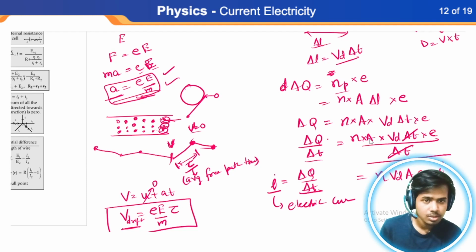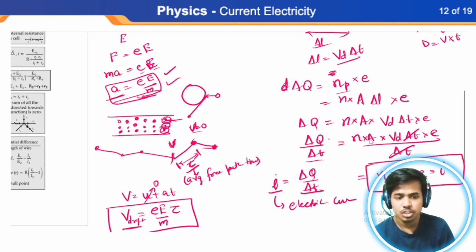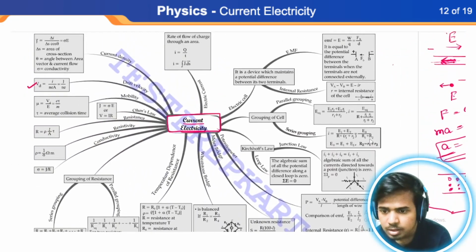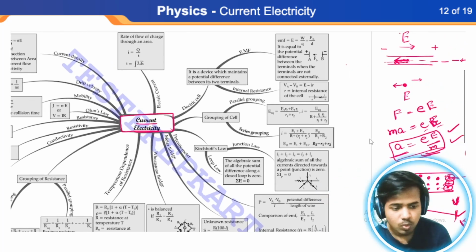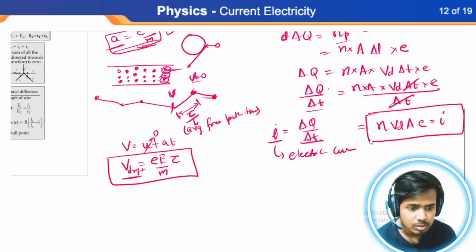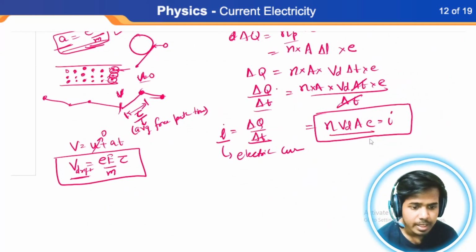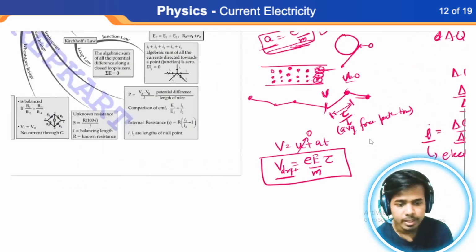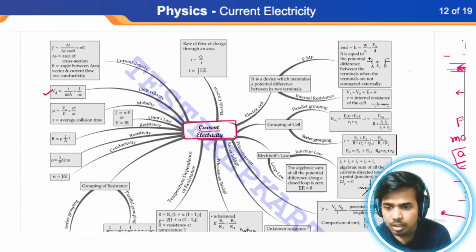So I have a term for the current which should look something like what you wanted from here. Yeah, n e A Vd, right? See, what we got from here is I is equal to n e A Vd, and if you want Vd from here, it will be simply I divided by n A e. That is what has been given in the mind map.